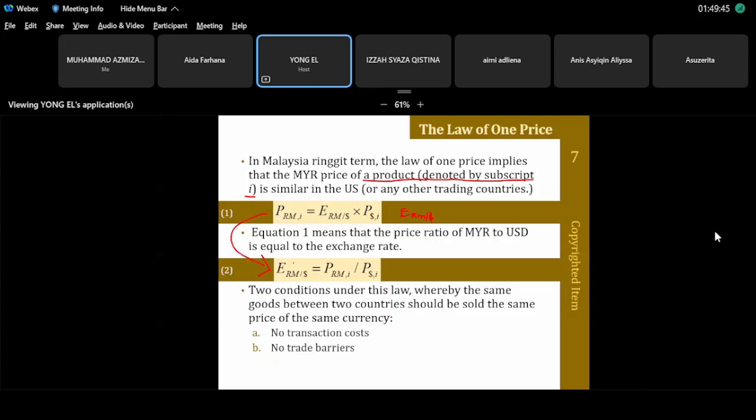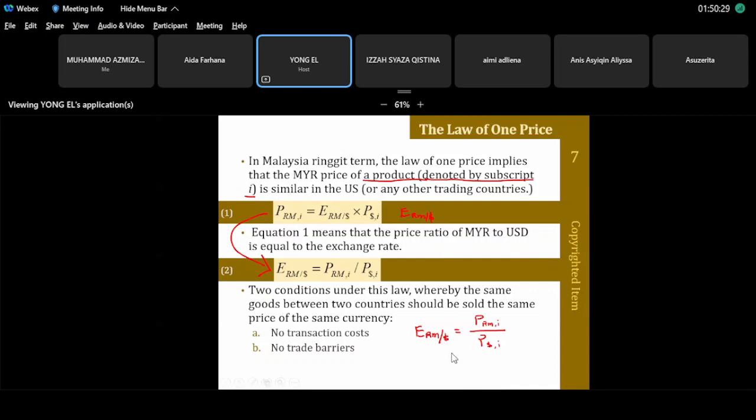We solve for the exchange rate of ringgit relative to US dollar, and the result is the ratio of the price in ringgit to the price in US dollars. Let me write it one more time so you can see clearly: the exchange rate, ringgit relative to dollar, equals the price level in Malaysia for this product divided by the price level in the US for the same product. This is the exchange rate, which equals the price ratio of Malaysia to the US.